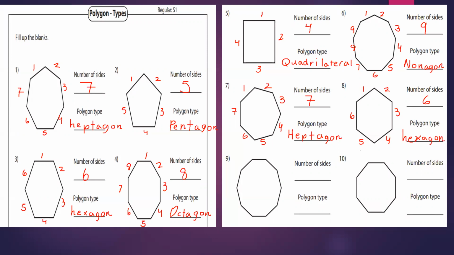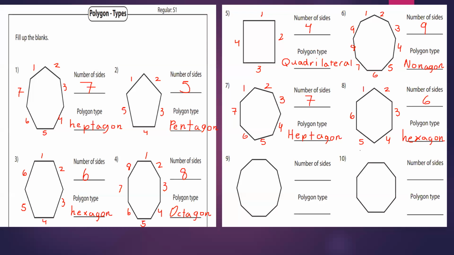Okay, go ahead. Do number 9. For the number of sides I get 10, and for the polygon type I get decagon. Say it again.